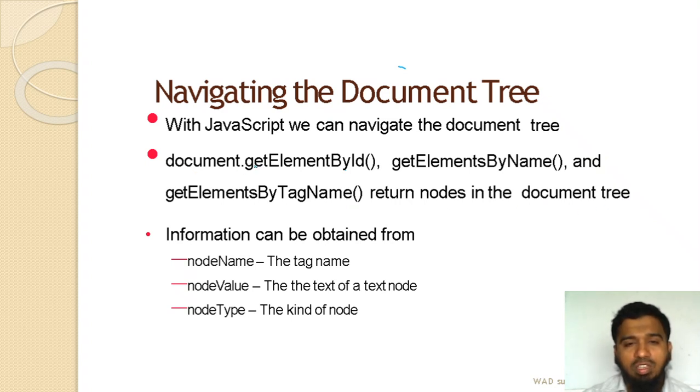Just now we saw getElementById and getElementsByName. I will show you this in practical. Information can be obtained from node name, which means the tag name, node value, the text of the text node, and node type, the kind of node. Okay. So we will see the practical part.